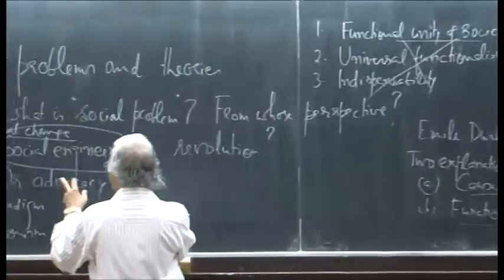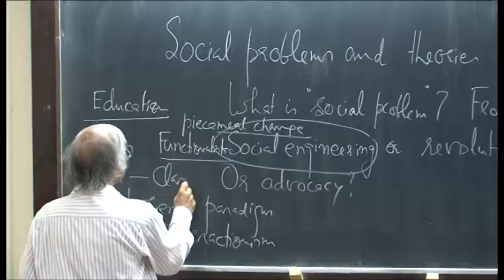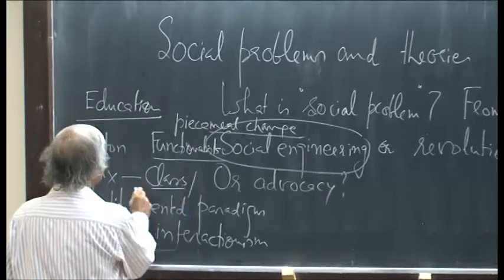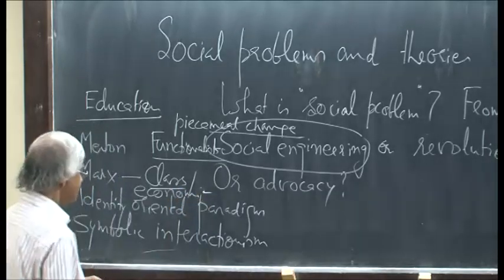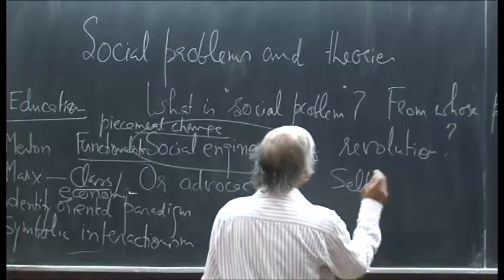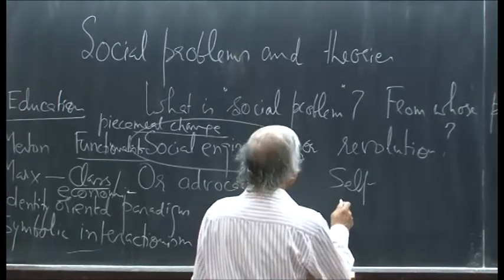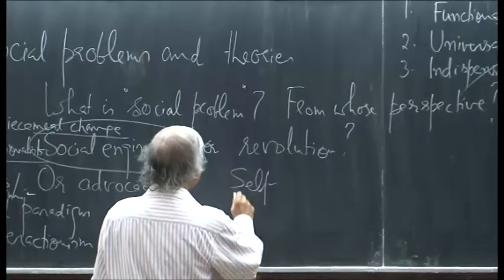Ethnomethodology, as a... Marx looks at everything in terms of class, and class means economic relations. Symbolic interactionism is micro. It looks at things in terms of self, self-image, primary and secondary deviance.